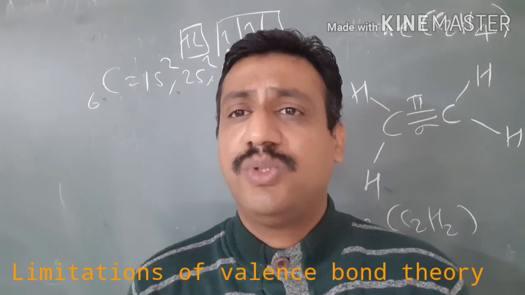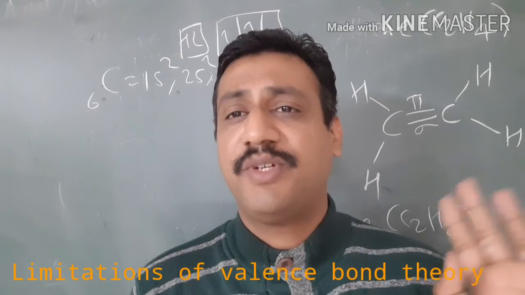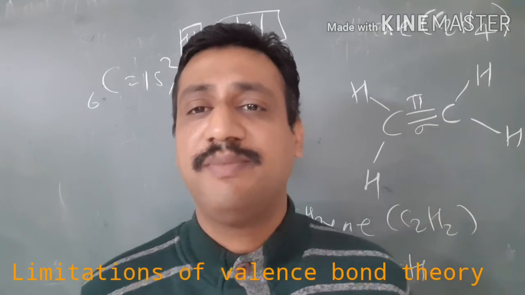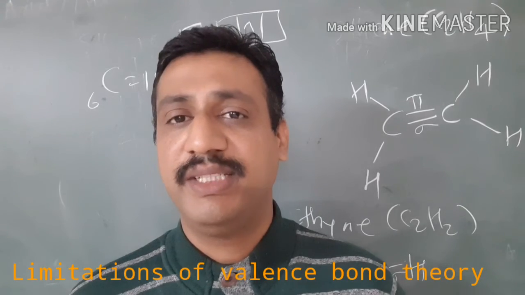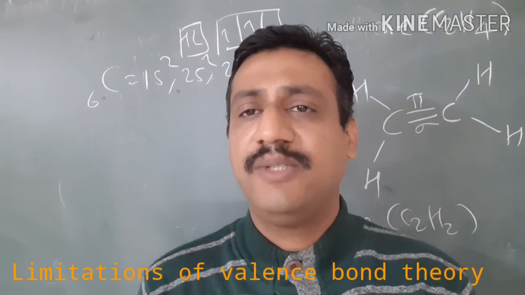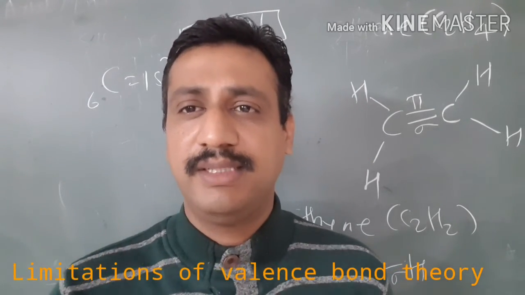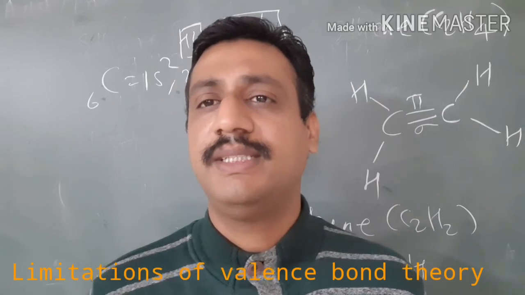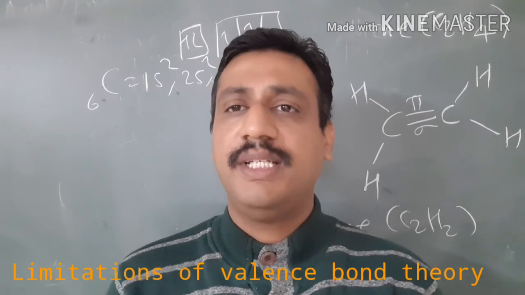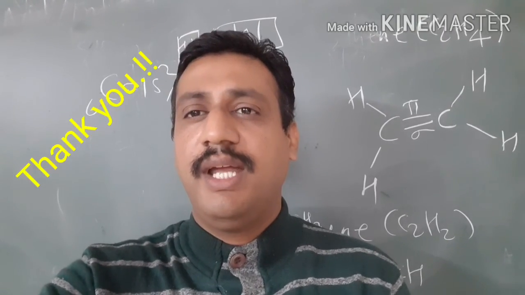It also doesn't tell us about the color of a compound or the magnetism of a compound, whether the compound is magnetic or not; that limitation we can also put here. But it is a good theory. It gives an idea about chemical bonding. Later on, valence shell electron pair repulsion theory, hybridization, and molecular orbital theory give further clarity about covalent bonding and its characteristics.